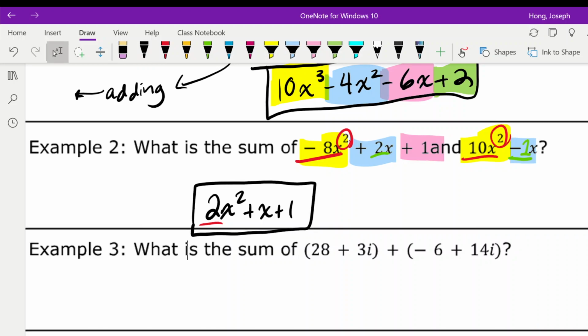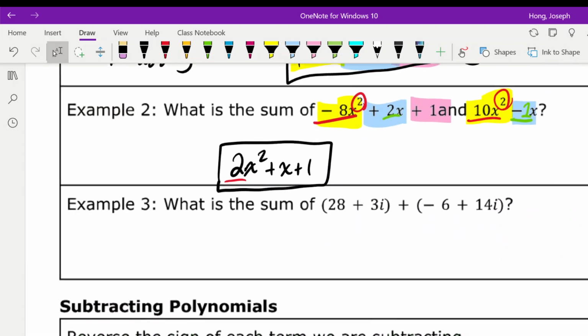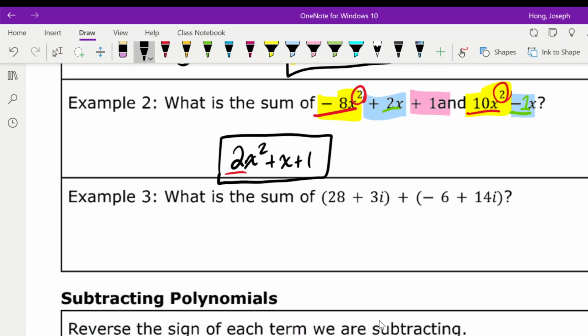So the last example we have here is, what is the sum of these two complex numbers? And we're essentially doing the same thing, where we take our common terms, like 28, negative 6, and this 3i with this 14i, and we're combining them based off of addition. So if I do this together, it's going to be 28 minus 6.